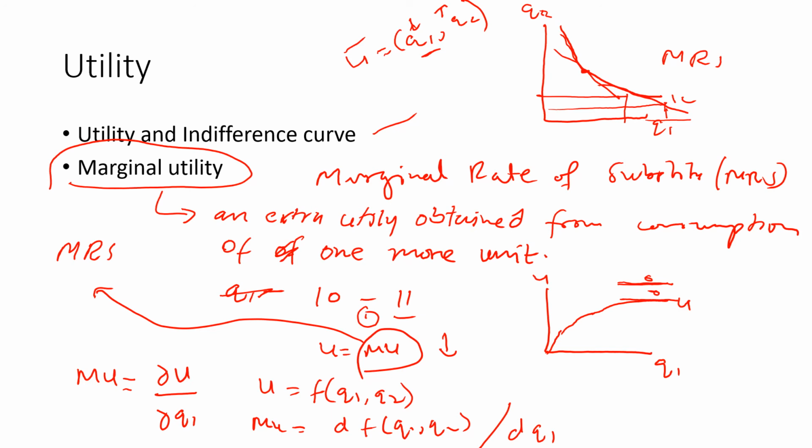So the marginal utility of one good will decrease, and the marginal utility of the other good will increase. And the marginal rate of substitution is basically equal to the marginal utility of one good divided by the marginal utility of the other good, and its slope is negative, therefore we put a negative sign along with it. How do we determine this marginal rate of substitution mathematically?